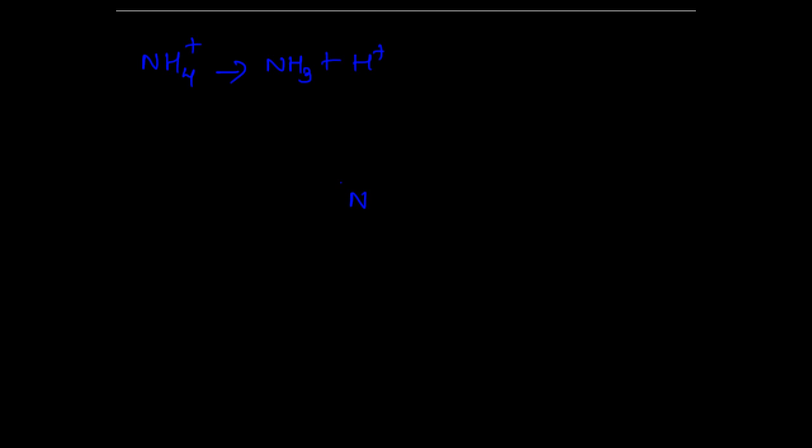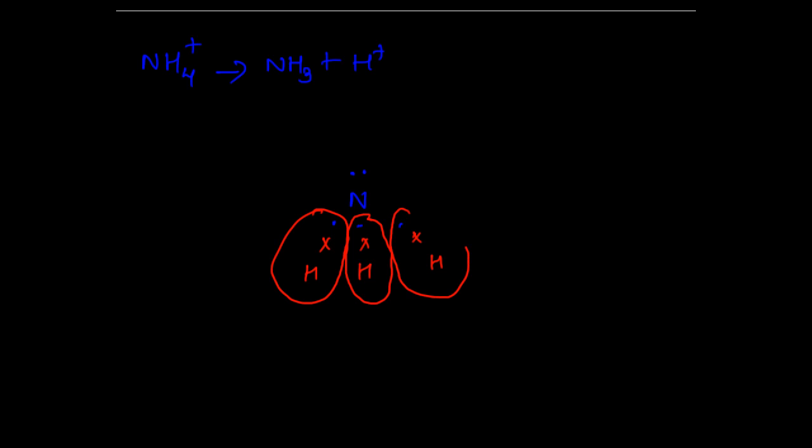So among the 5 electrons, 2 act as a lone pair and 3 act as bond pairs. And now each hydrogen has 1 electron. So the structure for this hydrogen will be this, the structure for this hydrogen will be this, and the structure for this hydrogen is this.